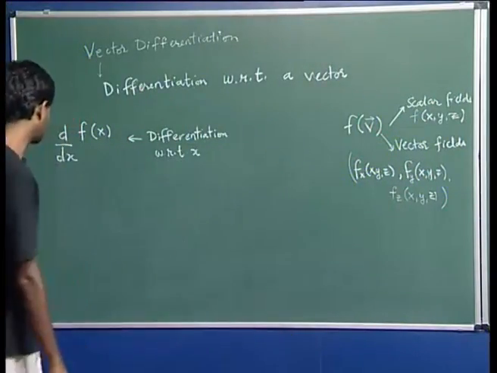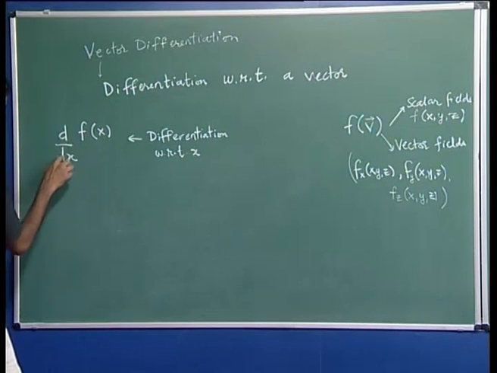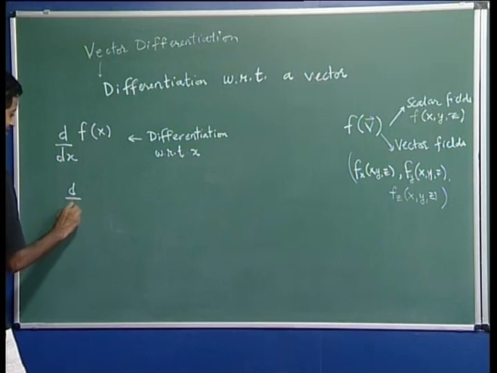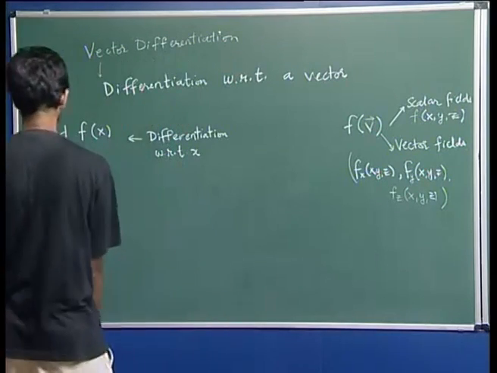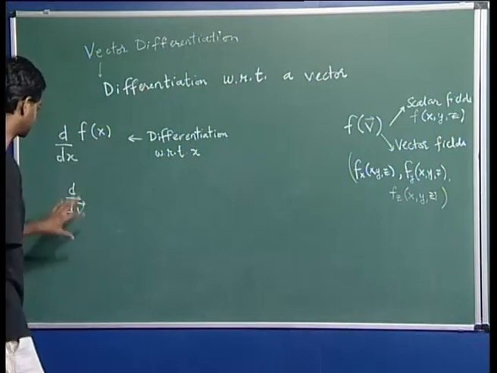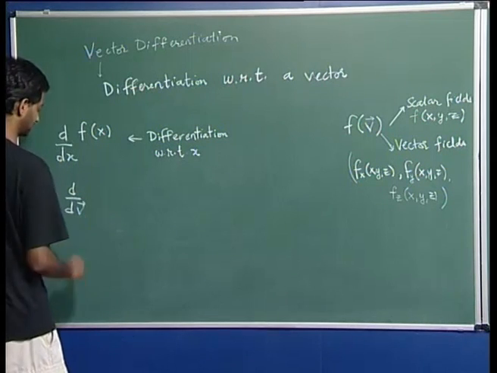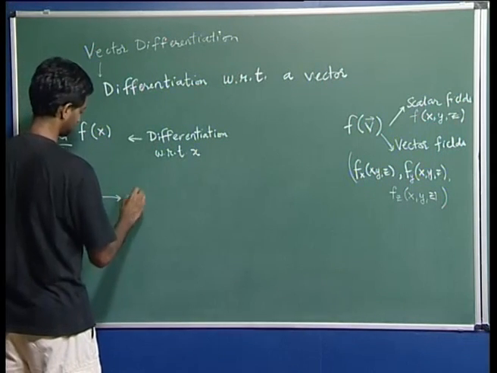Now we want to look at an operation where instead of differentiating with respect to x, we differentiate with respect to a vector. So we have something like d by d of a vector. Now it turns out that there are many ways of doing this.